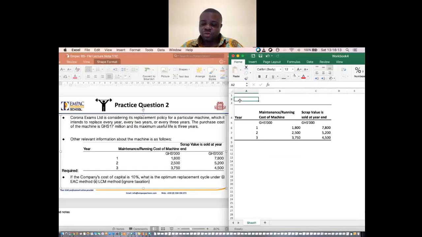So the purchase cost. We are looking at Corona Exams Limited, the name of the company, and we are looking at asset replacement cycle projects.